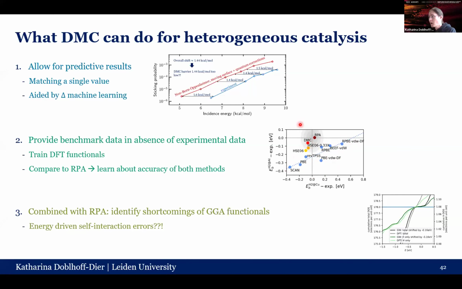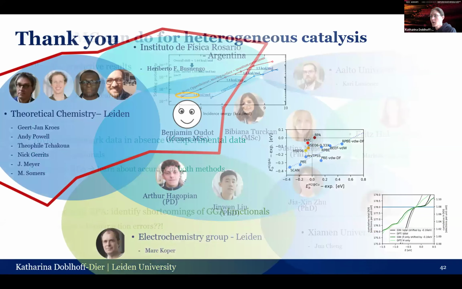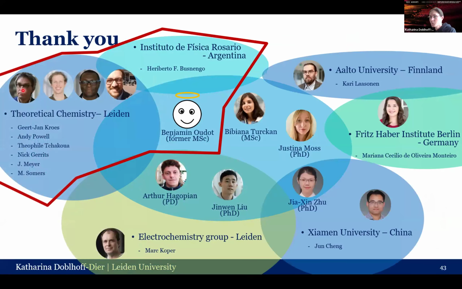And finally, in the combination of DMC and RPA, which correspond quite nicely, we can also try to learn something about the shortcomings of the GGA functionals. And as I said, I think that the evil guy here might be energy-driven self-interaction errors.